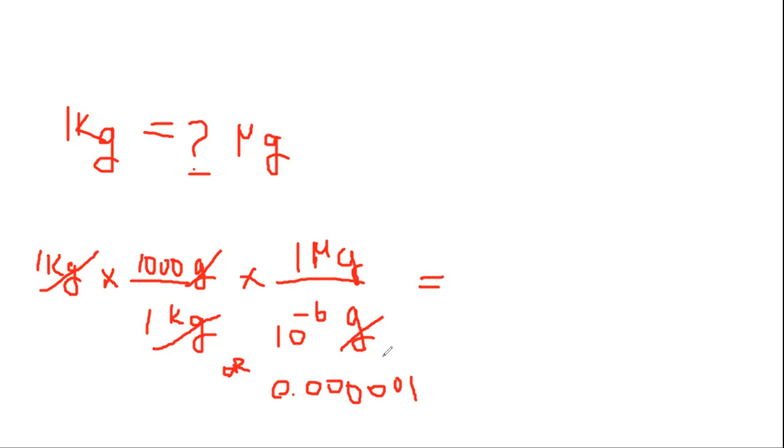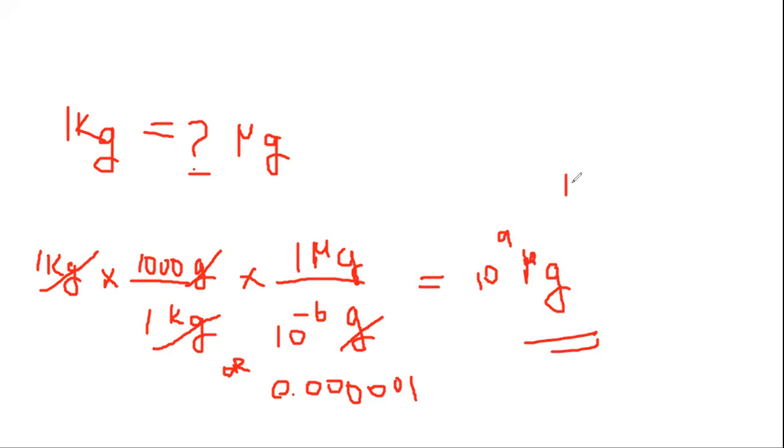And if you now calculate 1000 divided by this, you can do it by the calculator. Your answer would be exponent 9 microgram. So this is the answer for this conversion. That means 1 kilogram will be equal to exponent 9 microgram.